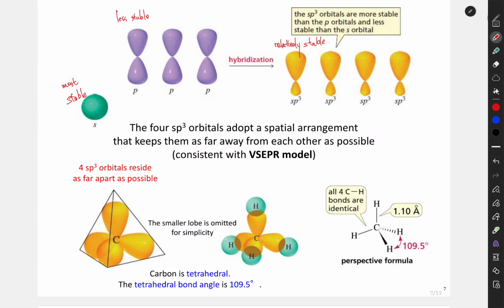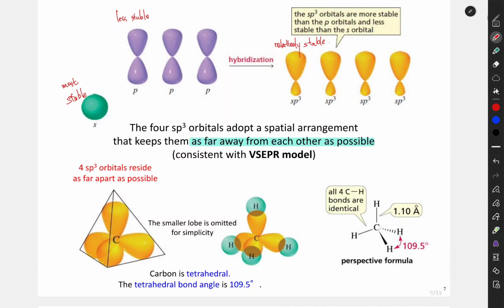And the four sp3 orbitals will adopt the spatial arrangement that keeps them as far away from each other as possible. You probably know about the VSEPR theory or VSEPR model, to minimize the hindrance. Each sp3 orbital should keep as far away from the others as possible.